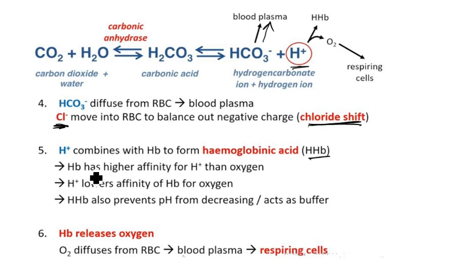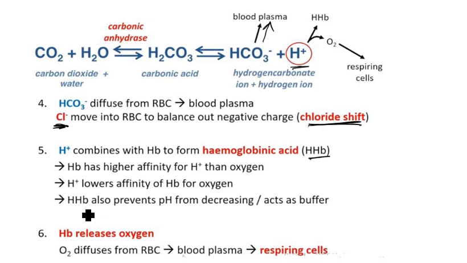Now, hemoglobin has a higher affinity for hydrogen ion than oxygen. Because of the hydrogen ion that combines with hemoglobin, it creates a higher affinity for hydrogen than oxygen. We talked about that.